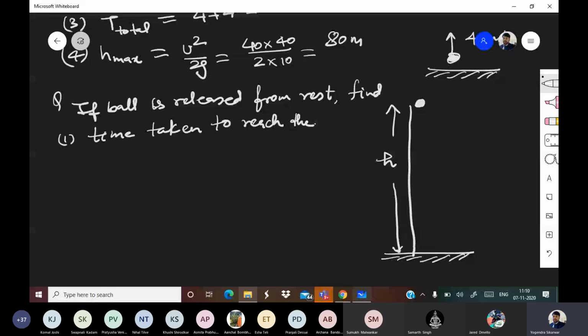Number 2, the speed when it reaches the bottom. Please find.